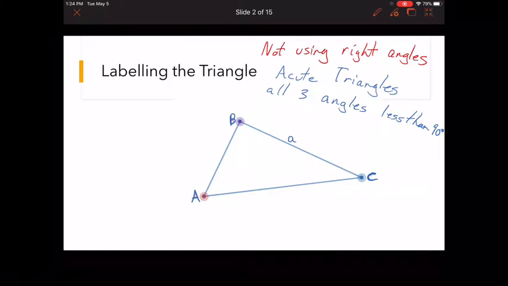So capital A is angle, and then the side across from it is lowercase a. Same with B, the one across from it is lowercase b. And same with C, lowercase c is the opposite side. So we always have an angle, which is a capital letter, and the opposite side, lowercase letter. That's why we are always going to be labeling them from now on.